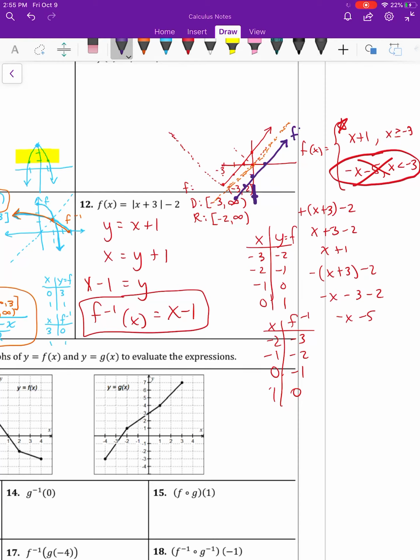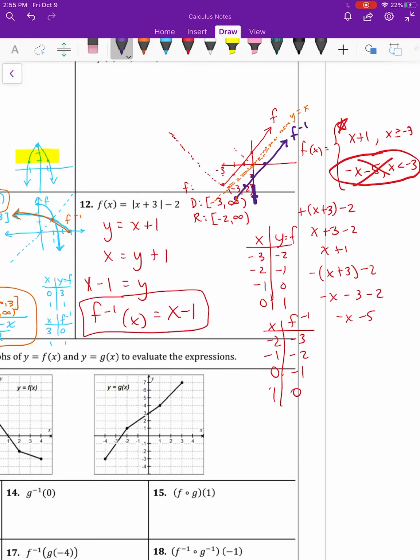And so this is your F inverse. This is your F. This is y equals x. You can see that your domain for your inverse starts at -2, so -2 to infinity.